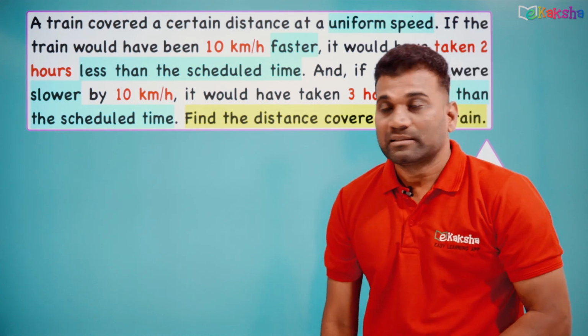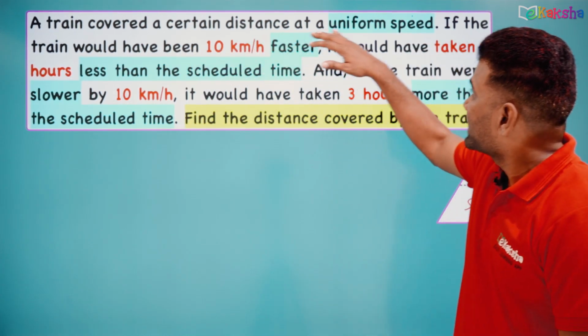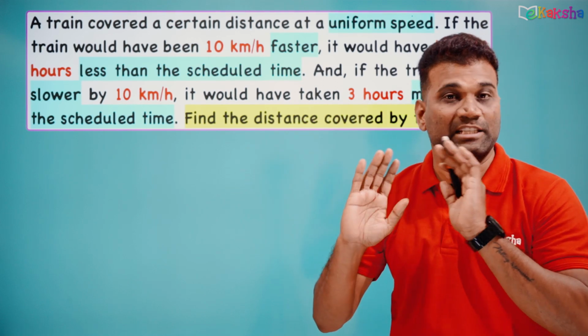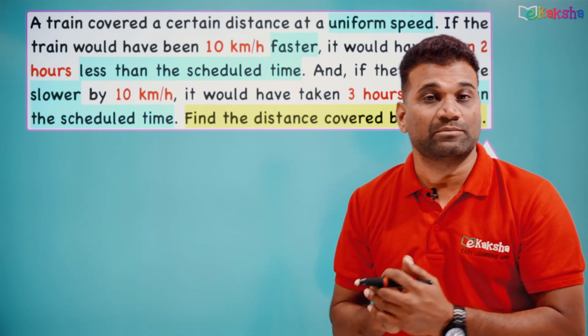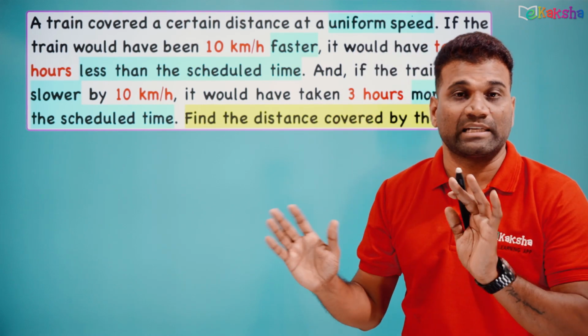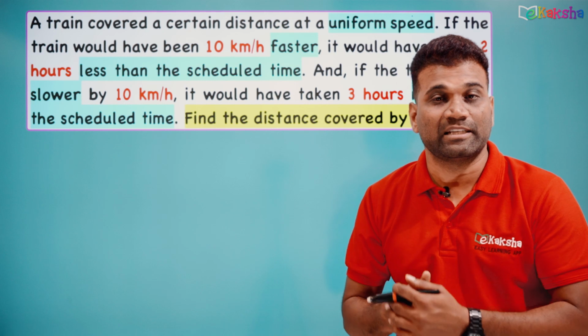And here a train covered a certain distance at a uniform speed. Okay, so there is a certain distance and the speed is uniform. We don't know the speed, so let us assume the speed of the train is x, and the time also we don't know, so that we take as another variable y.